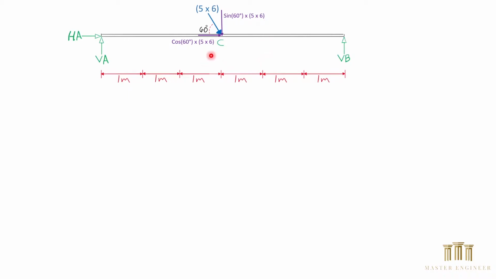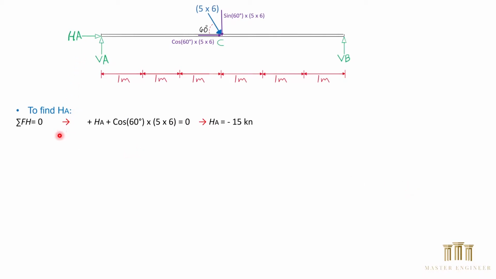And the horizontal element will be cosine 60 multiplied by the 5 kN per meter of the UDL multiplied by the total length of the beam, which is 6 meters. The element that contains the angle will be cosine 60, and the element that doesn't contain the angle will be sine 60.